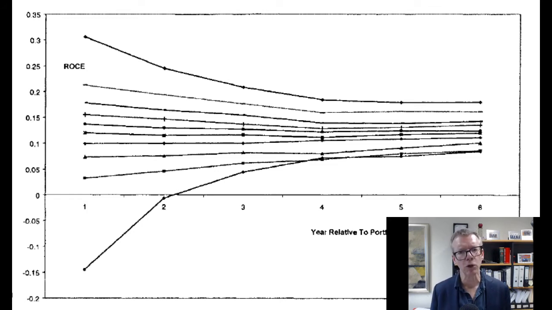It exhibits what we call a mean reverting pattern. That is, extremely high and extremely low levels of ROE tend not to persist over time. This pattern is consistent with the way a competitive economy works. Capital gets allocated to opportunities with high potential, that is high ROE, and away from low performing opportunities.